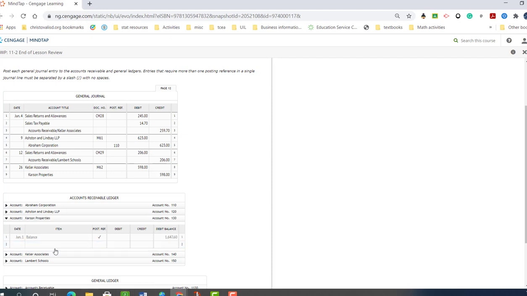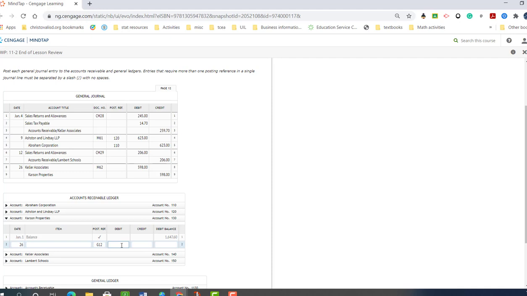Carson Properties, again, was incorrectly charged, so we need to reduce their amount, and that happened on the 26th. And the post reference is going to be that, again, that general 12. Oh, and I forgot to put Ashton's 120.